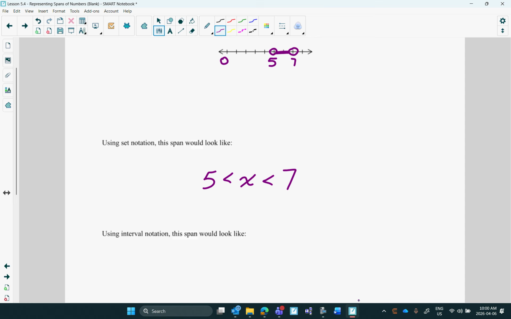Now, what about interval? 5, 7 with parentheses. Don't confuse this with a coordinate. This is not the point 5, 7. It also means all the numbers between 5 and 7.